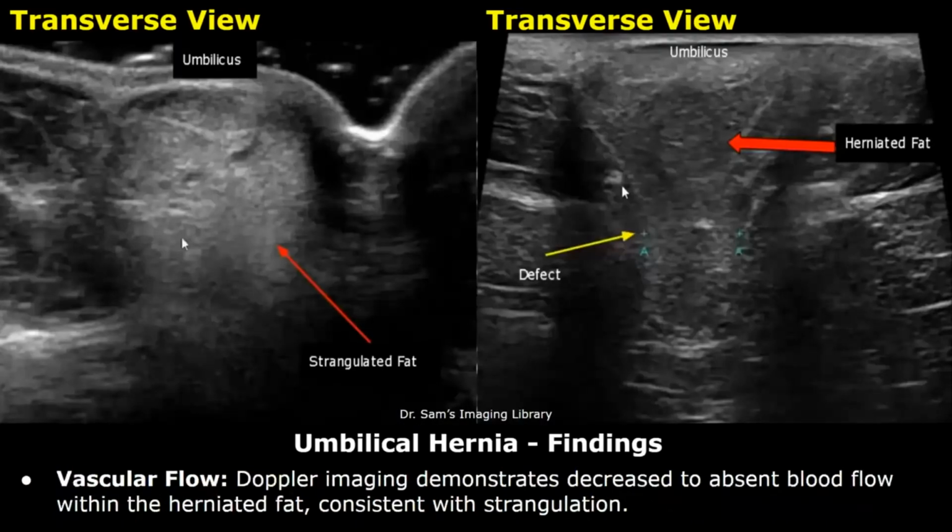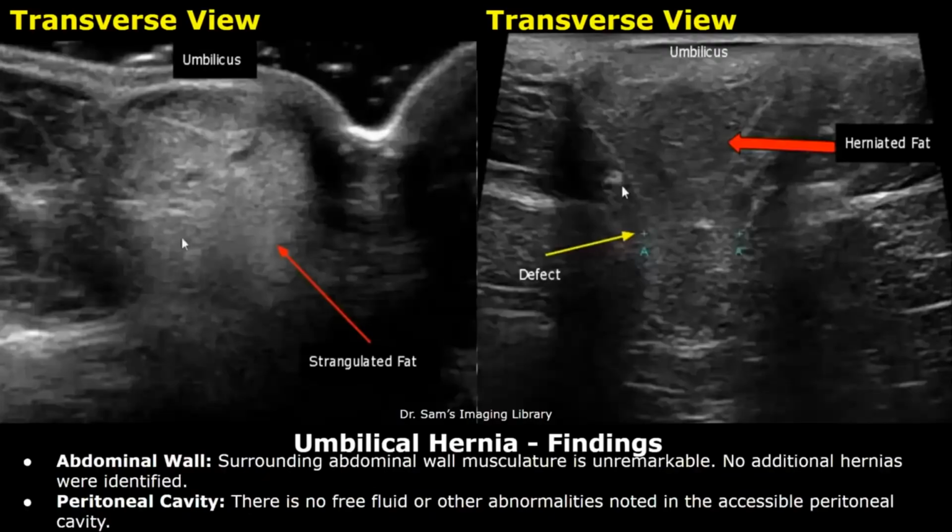Vascular flow: Doppler imaging demonstrates decreased to absent blood flow within the herniated fat, consistent with strangulation. The surrounding abdominal wall musculature is unremarkable. There is no free fluid or other abnormalities noted in the accessible peritoneal cavity.